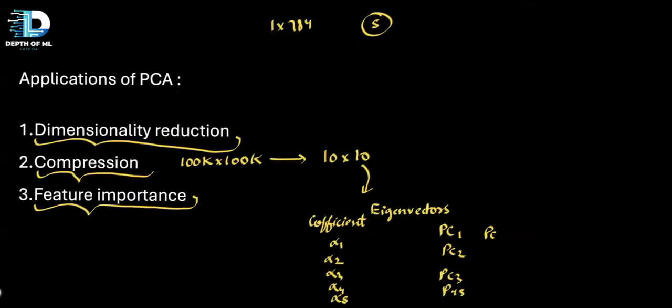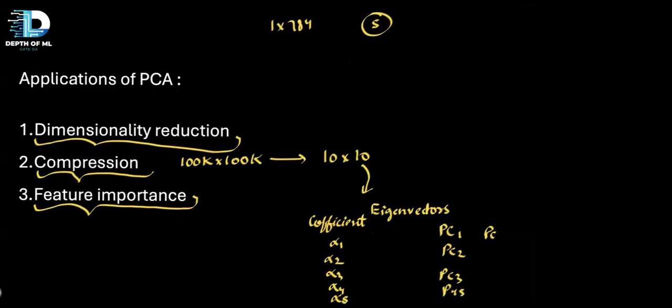Feature importance. Okay, so let me talk about feature importance. I have, say, these features, right? Suppose X1. Yeah, Harshit, what is your doubt? X1 and X2. In PCA, in PC1, PC2, we are considering all the features, but we are not using the full data.